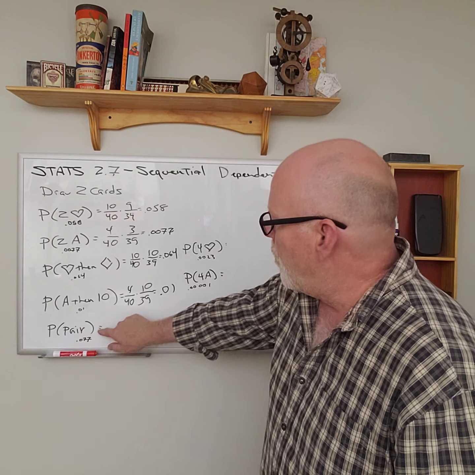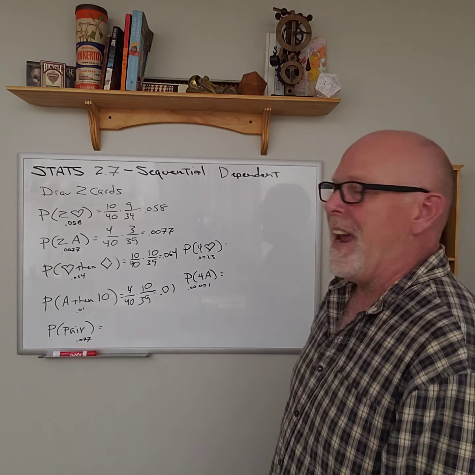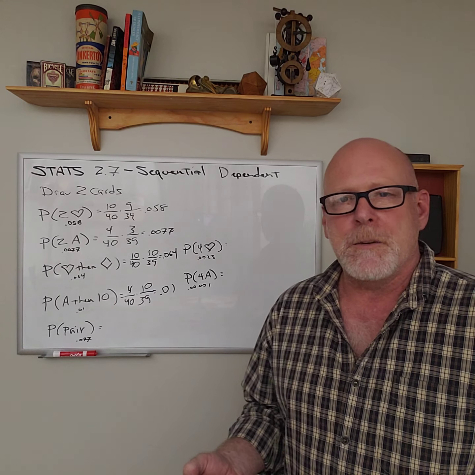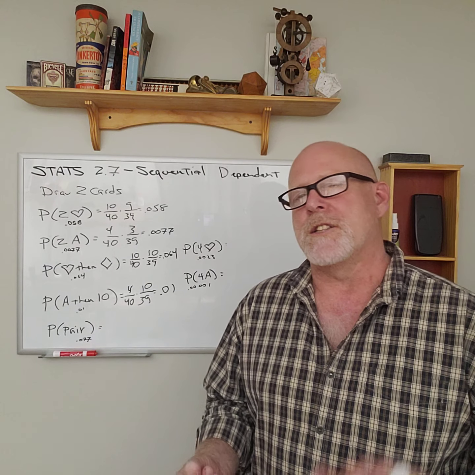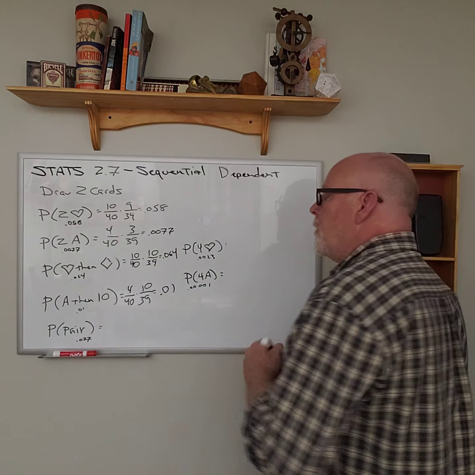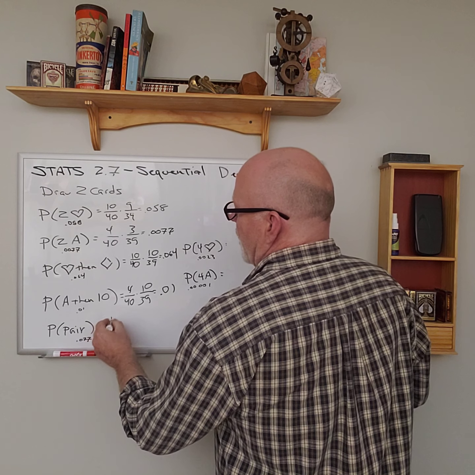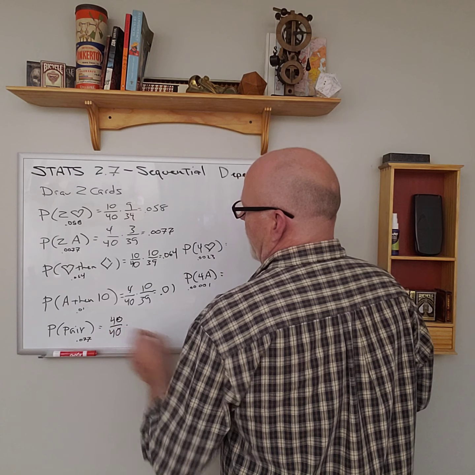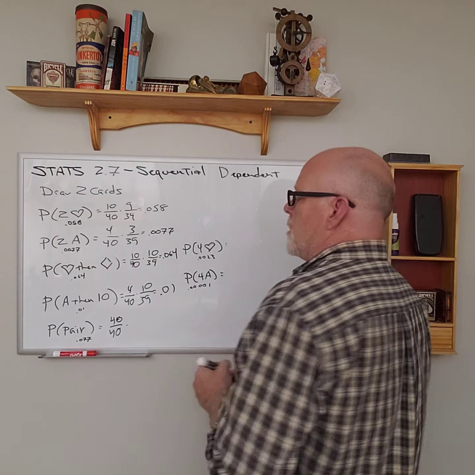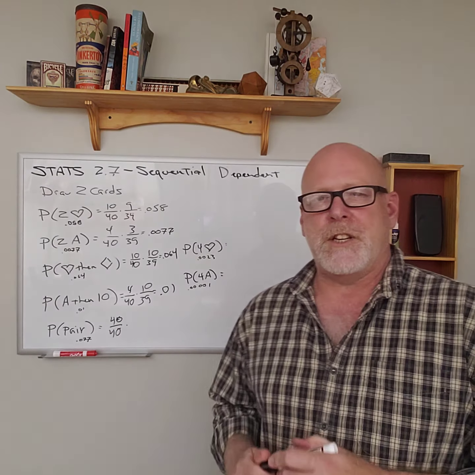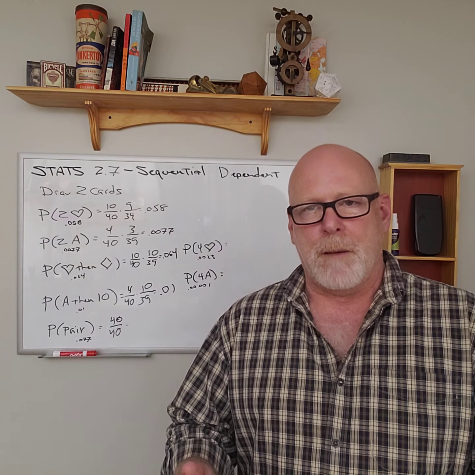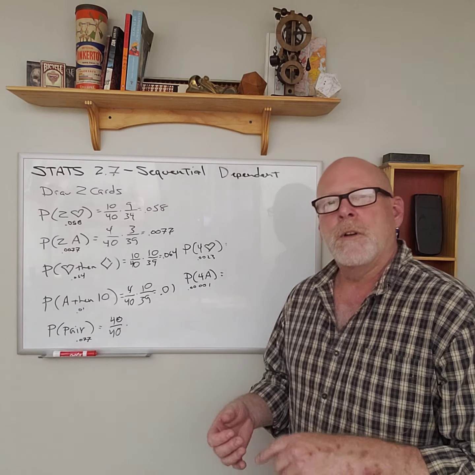Couple more. What's the probability of drawing a pair? Any pair. If we're talking about a pair, it doesn't matter what the first card is as long as the second card matches it. So the probability of the first card being a card is going to be 40 out of 40. And what's the probability the second card's going to match it? And when we talk about pair, we talk about matching faces. So same number, not same suit.